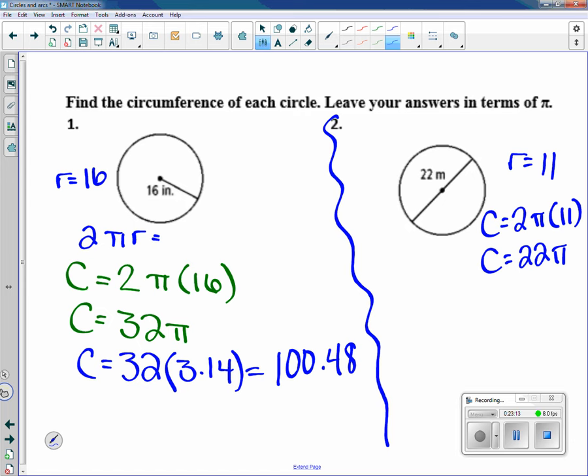If I wanted that in decimal form, it would be C is equal to 22 times 3.14. And someone tell me what that would be. What is 22 times 3.14? 69.08.